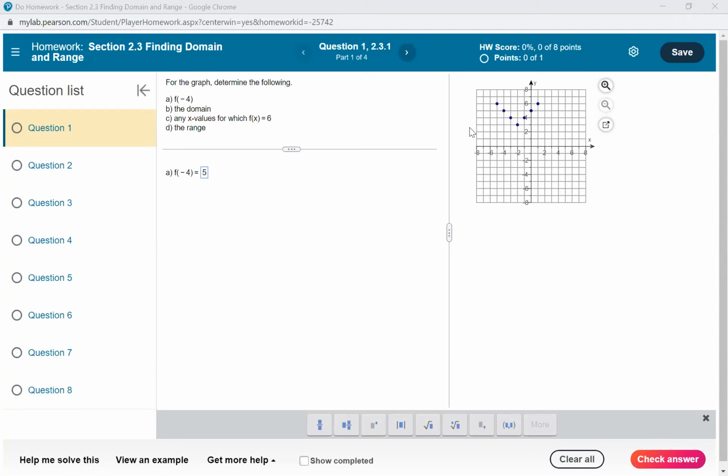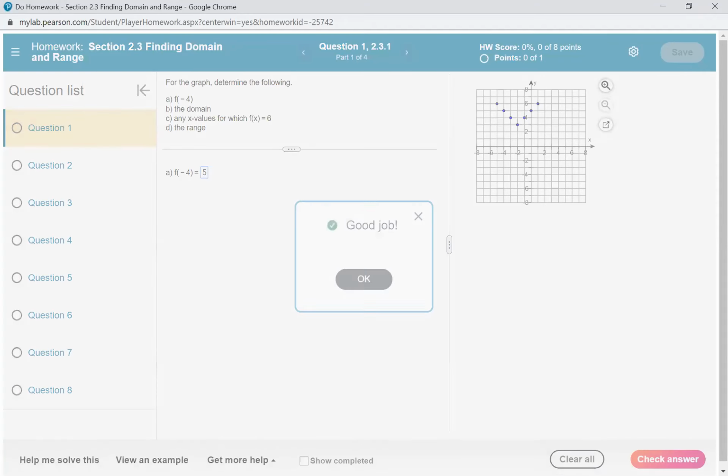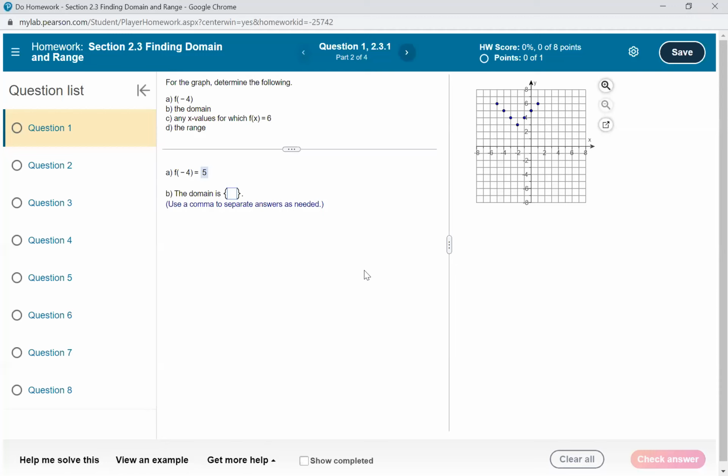All right. Then it asks us for our domain. So let me check that answer. It's going to make us go to part B now. So the domain, and notice they already give us the set notation parentheses. So all we got to do is find the actual values.